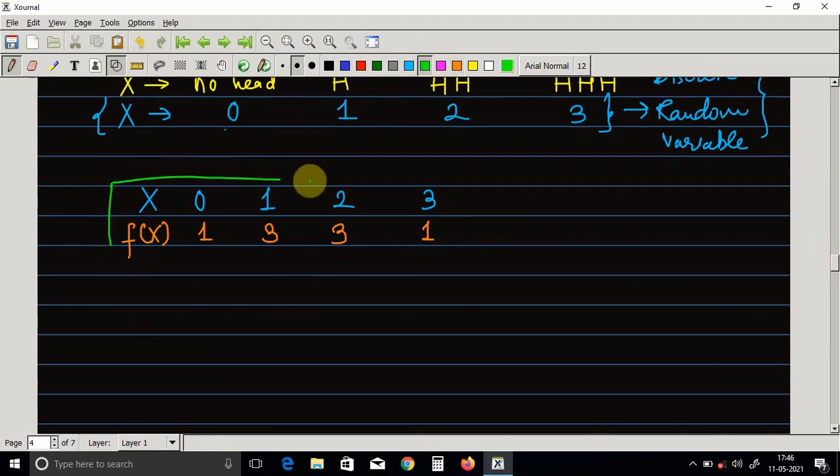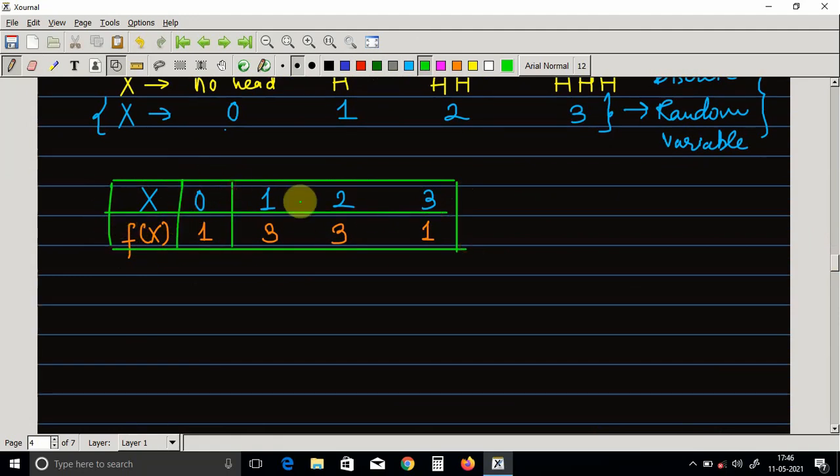I hope this is familiar to you all. This table is similar to your frequency distribution. If you go back to the previous units, we had named this a frequency distribution, but we have to study probability distribution.